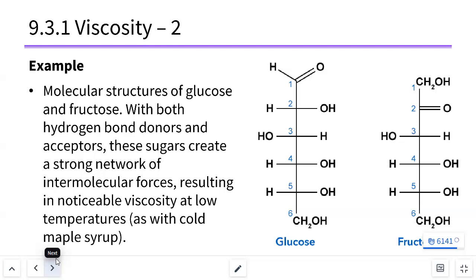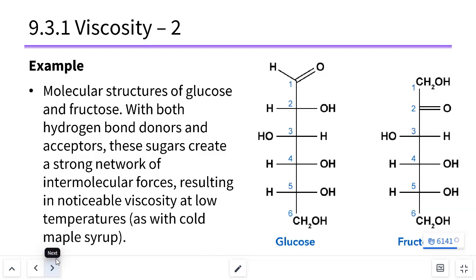I see a whole bunch of OHs. You can't tell from this picture, but the sugar molecules actually don't exist in these chain-like structures. They exist in ring-like structures. And in those ring-like structures, what do those OH groups do? They stand up.